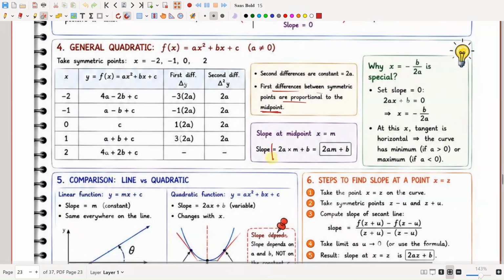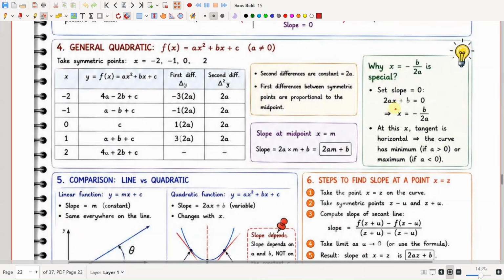So the slope at the midpoint of a quadratic function will be 2am plus b. Now let us see why this formula. Do you remember this formula? This is the formula for the axis of symmetry, or we used to find a vertex point, right? First we are going to set slope equal to 0.